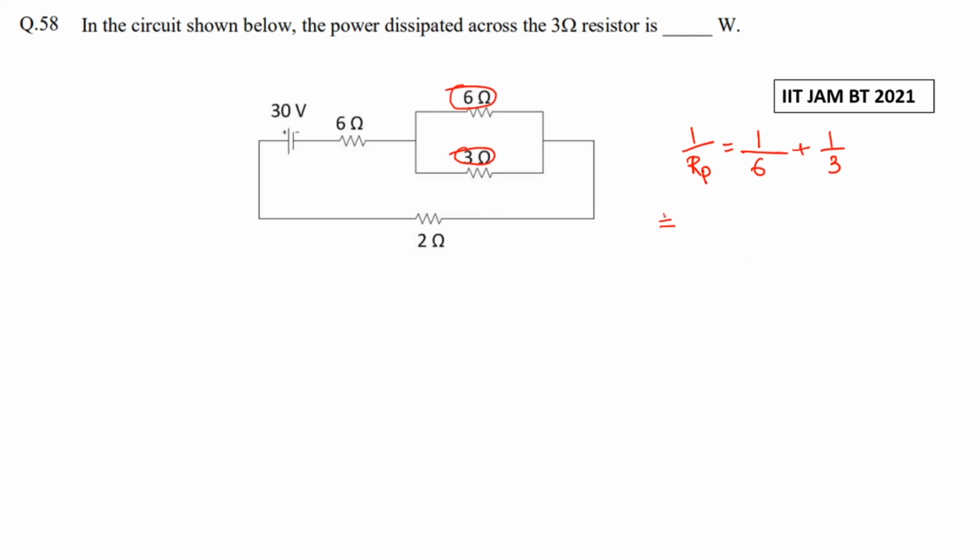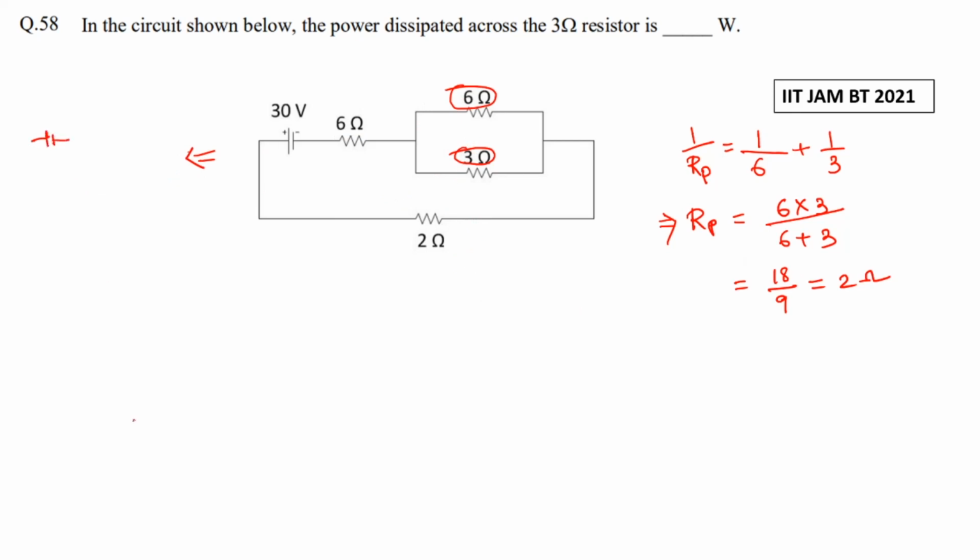So we can write Rp is equal to 6 into 3 divided by 6 plus 3, and that is equal to 18 by 9, that is equal to 2 ohm. So the equivalent resistance of these two resistors is 2 ohm. So we can write this circuit in this way.